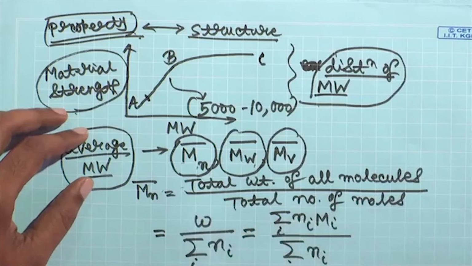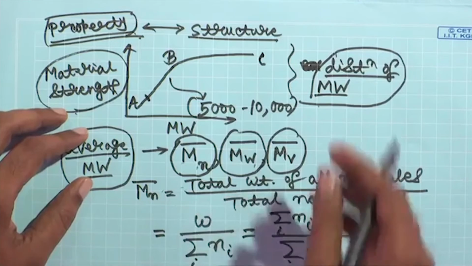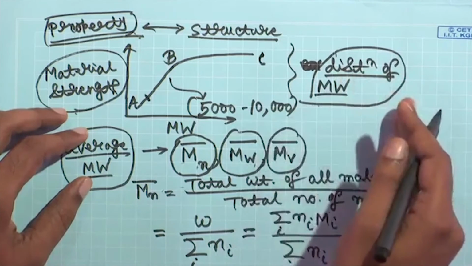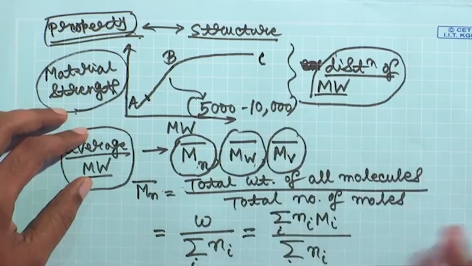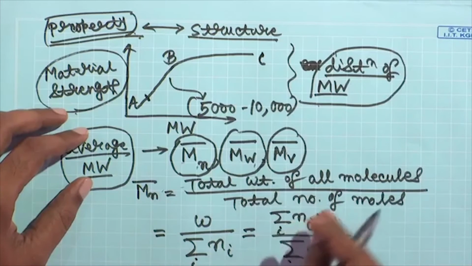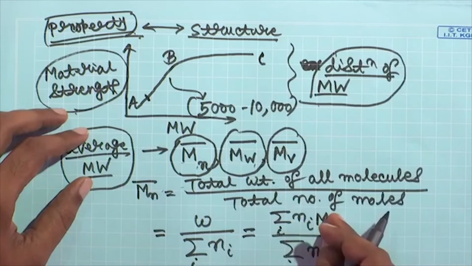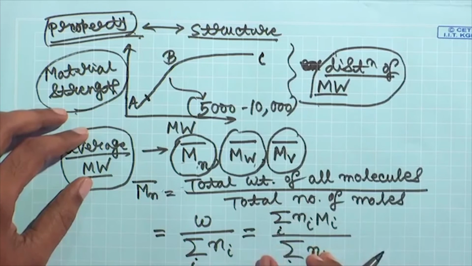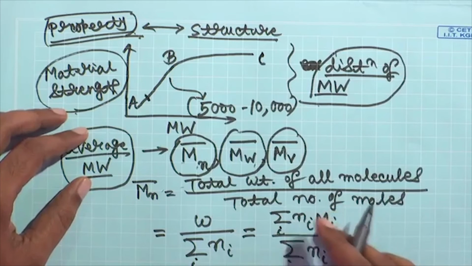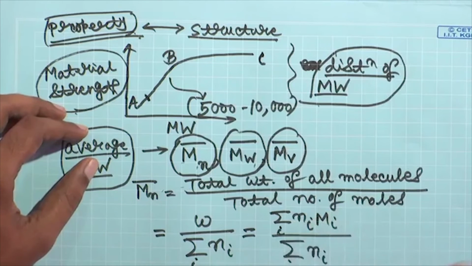Suppose you have 10 kinds of molecules of molecular weight M1, M2, M3 up to M10 and the corresponding numbers of moles are N1, N2, N3 up to N10. Then the total weight is the number of moles times the molecular mass, summed up, and divided by the total number of moles. Okay, this is the expression of Mn.